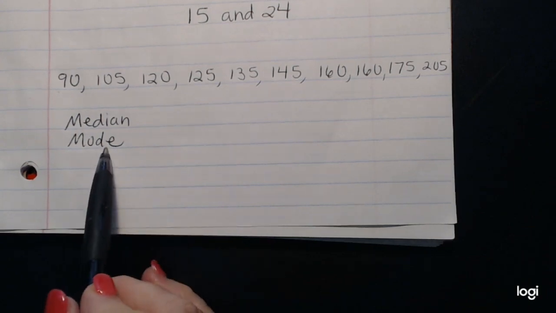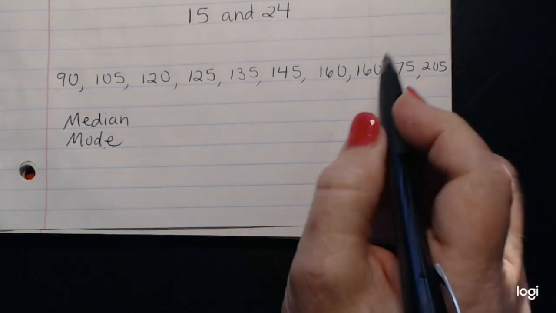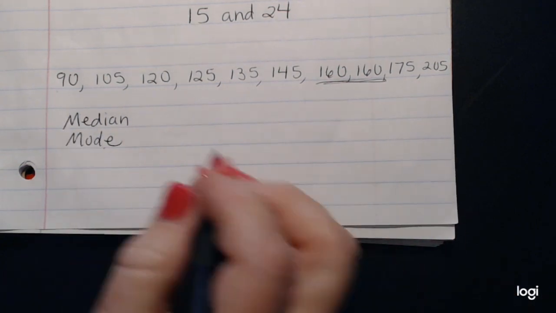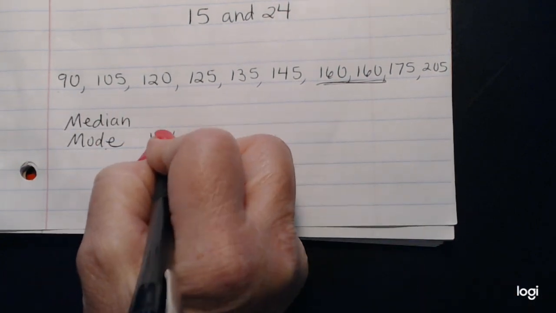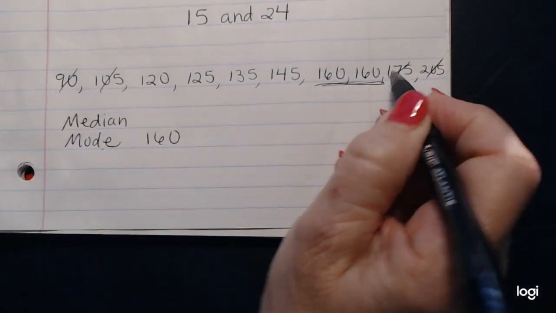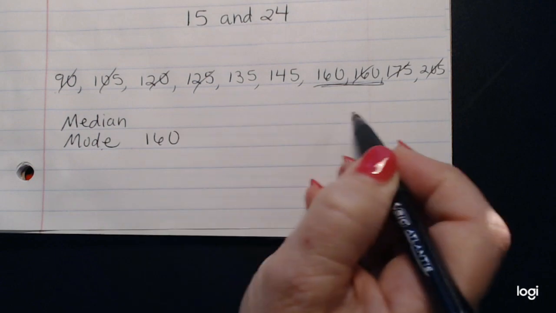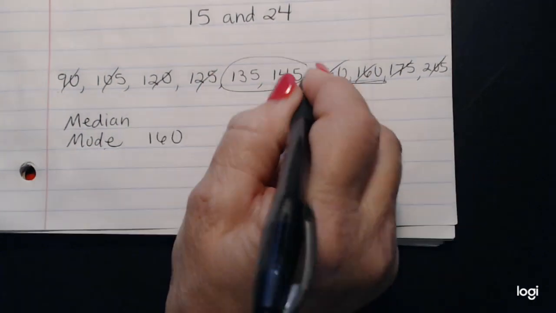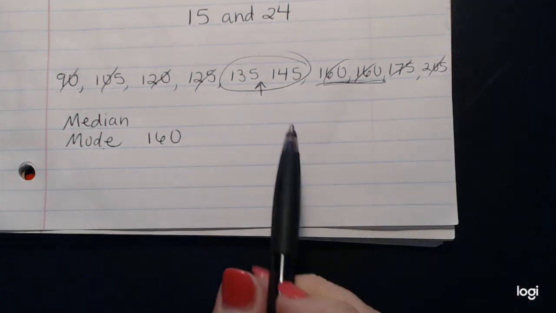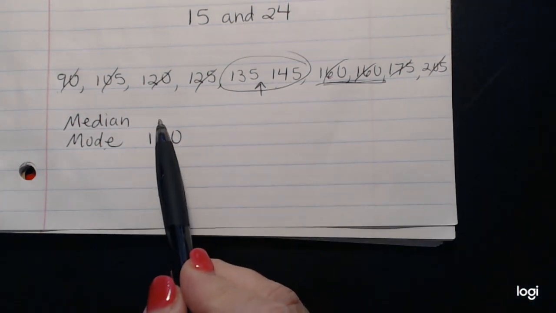All right, well, the mode for me is probably the easiest because I can see right here 160 is listed twice, and there isn't any other number. So I know that the mode is 160. The median, as I work my way in to find the middle, I will notice that I have two numbers. If I can see what comes between 135 and 145, then I can list the median.